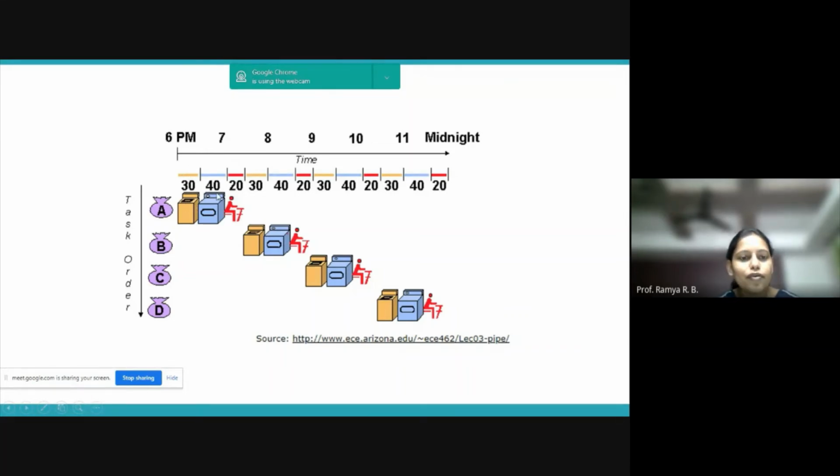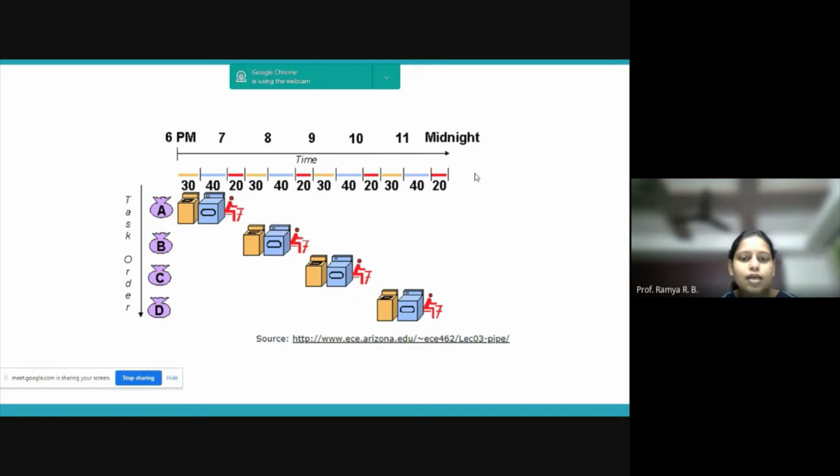Then after another 40 minutes he'll complete drying, and then after another 20 minutes he'll complete folding of the first laundry bag A. Same thing he has to repeat for the laundry bag B, C and D. That means around midnight he'll complete his job. This is the normal scenario where pipelining is not involved.